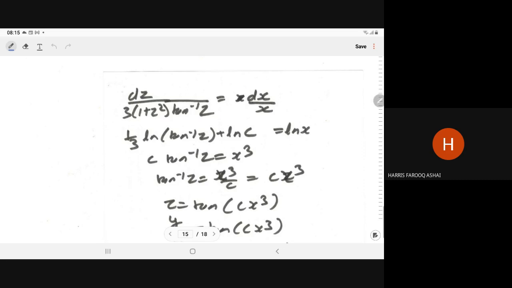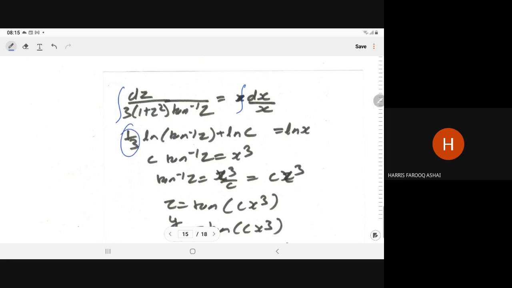So we have to integrate on both sides. So the left hand side will come 1 by 3 ln of tan inverse z plus ln c is equal to ln x. That can be written as c tan inverse z is equal to x cube. This 3 you can write on the right hand side.